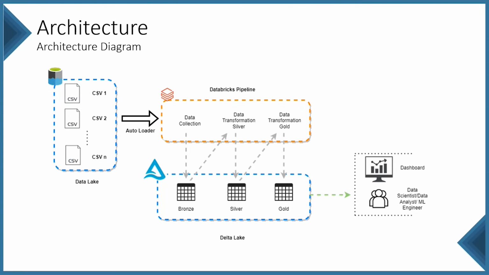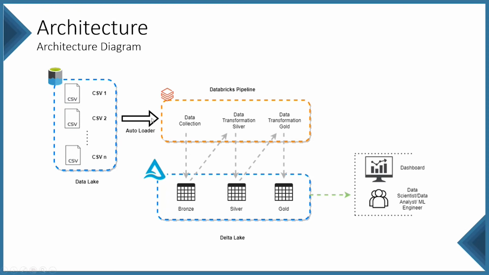Then once we have the structured data in the silver layer, from the silver layer we can do some aggregation to create gold level tables, which will be utilized by the data science or different teams.